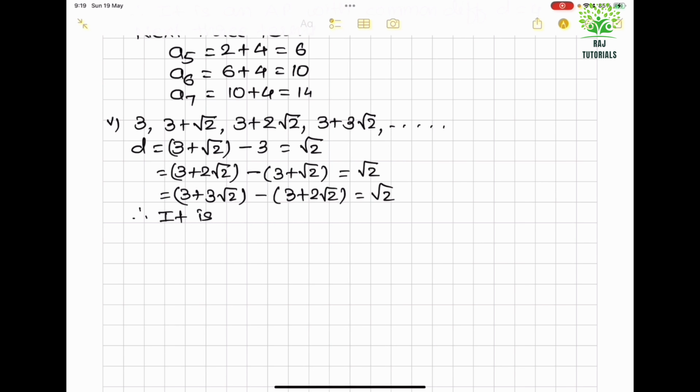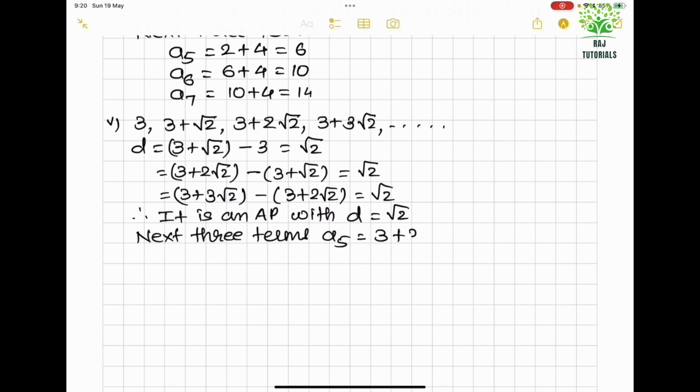Therefore, it is an AP with D equal to root 2. Next three terms, A5, 3 plus 3 root 2 plus root 2. So 3 plus 4 root 2. A6 will be 3 plus 5 root 2. A7 will be 3 plus 6 root 2.